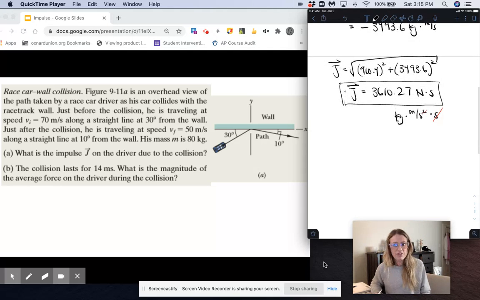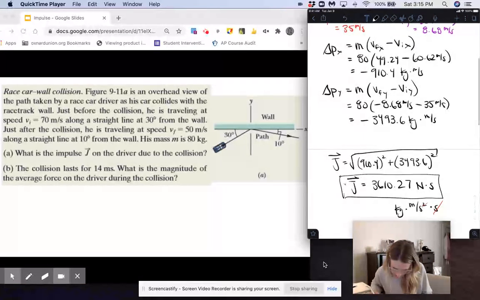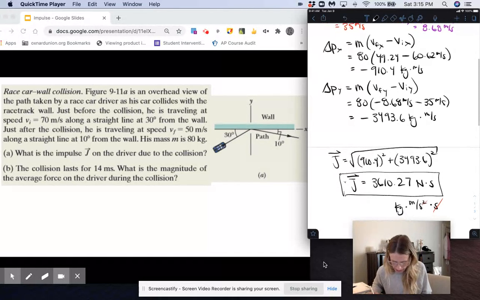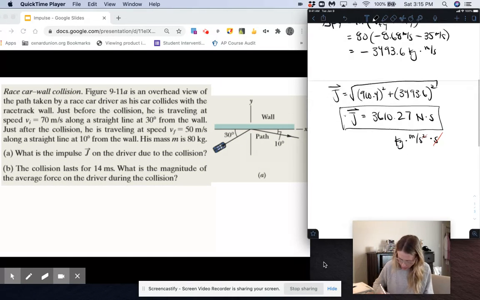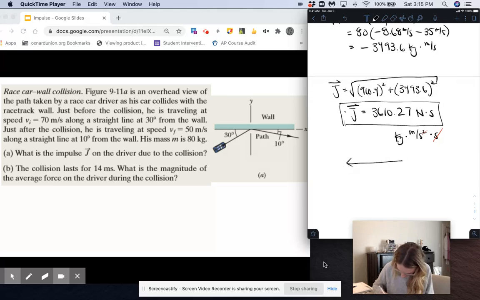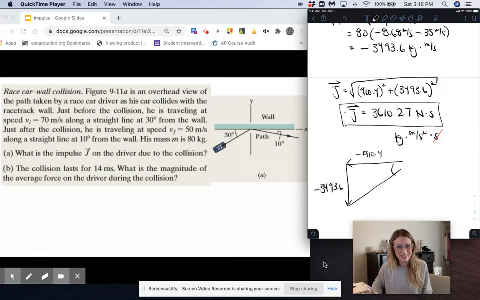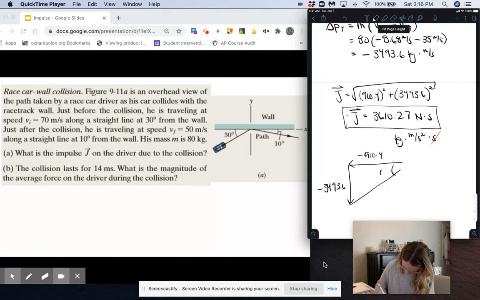And then in order to find the angle, we know that the x component of the change in momentum, or the impulse, is equal to a negative 910.4. So that is our x component there, 910.4, and then our y component is a negative 3,493.6. That is not drawn to scale. And so this right here is our angle.